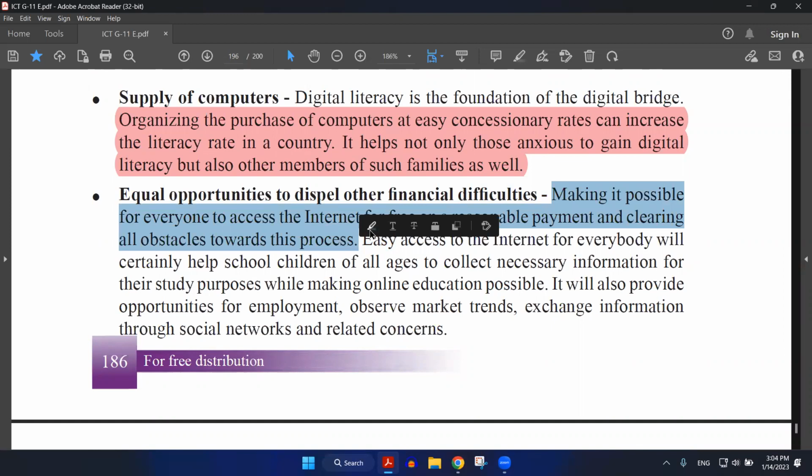And this has the last point under it. So we are still under the digital divide. So in the upper part, we write about it. And in the latter part, we are writing the solutions for it. So after these 2 points, the solution will be done.